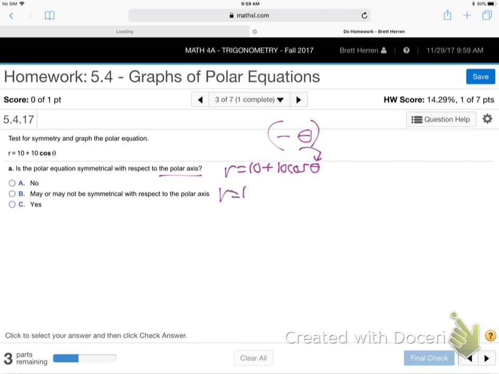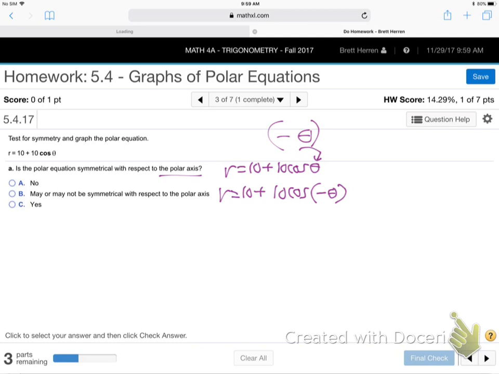So what's going to happen is we plug in negative theta for theta. What does cosine do? Vanish.